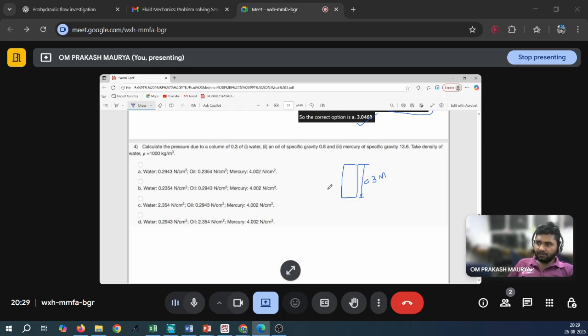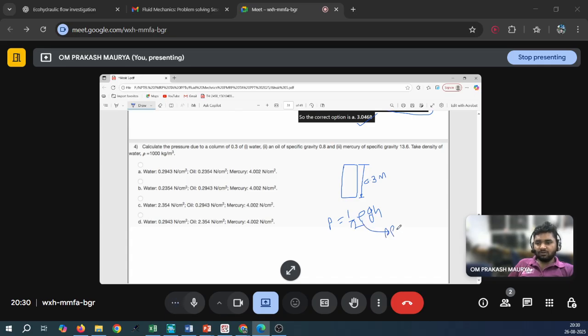Now you need to calculate the pressure. So the pressure, you know already, the hydrostatic pressure we will consider here. So half rho g h. Everything is the same except your rho.